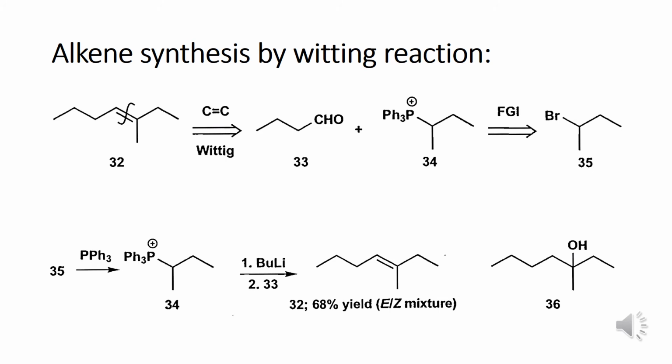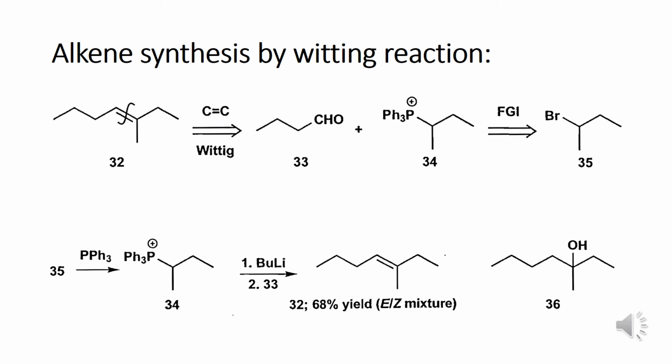Well, a trisubstituted alkene, that is structure 32, is notable, as either a secondary halide, that is structure 35, or a ketone can be used. Both these structures 33 and 35 are available, and we can choose them and proceed with the reaction.